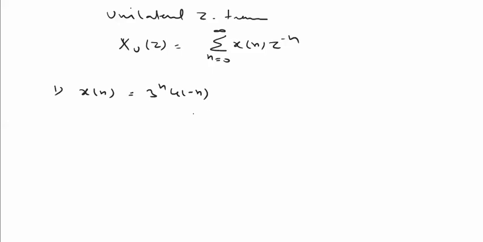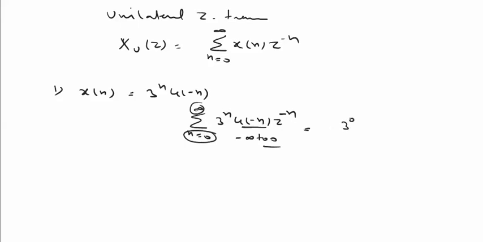Putting this into the formula, u[-n] exists from minus infinity to 0. The common part between these two limits is only the 0 term. Putting 0 here, we get the result 1.